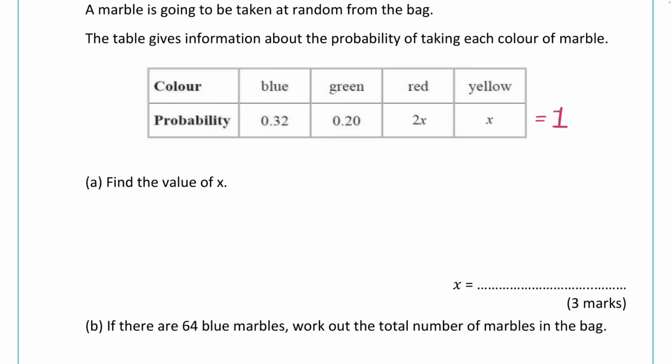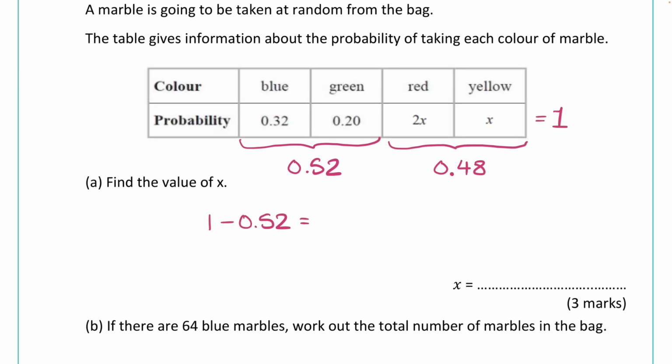At the moment, we've got these two here, which add up to 0.52, which means what's left over has to add up to 0.48. I'm just going to do 100 take away 52, which is 48, so 0.48. And it's worth writing that working out down. 1 minus 0.52 is equal to 0.48.